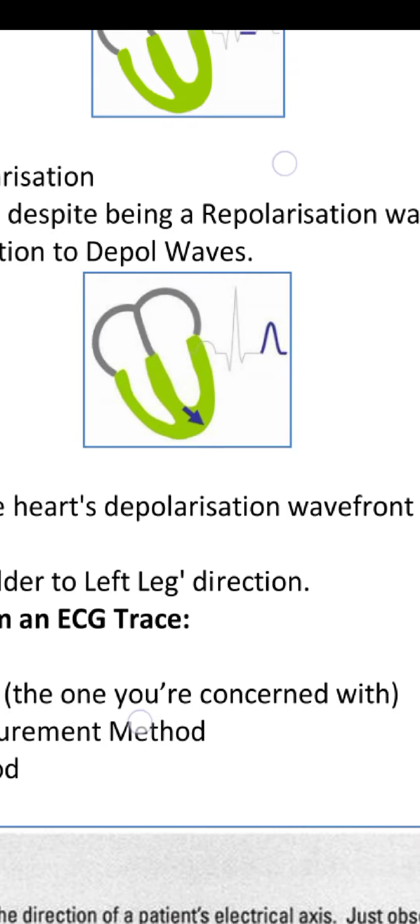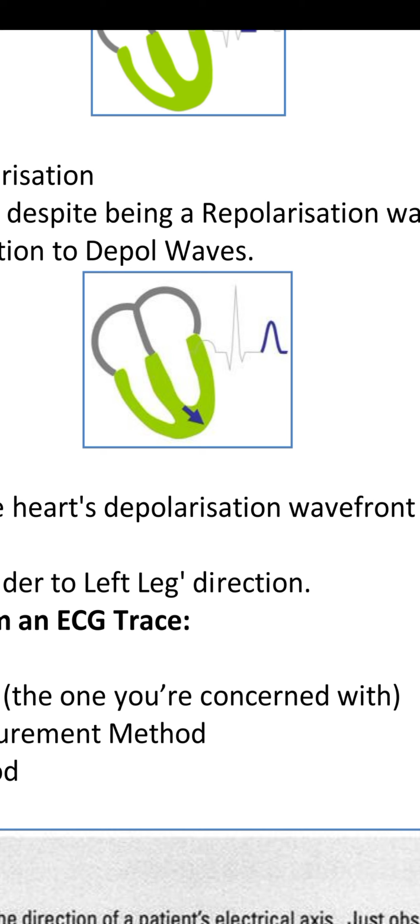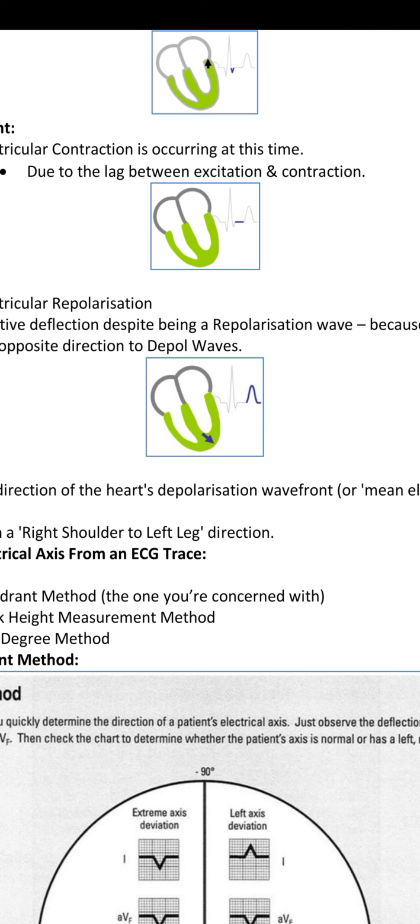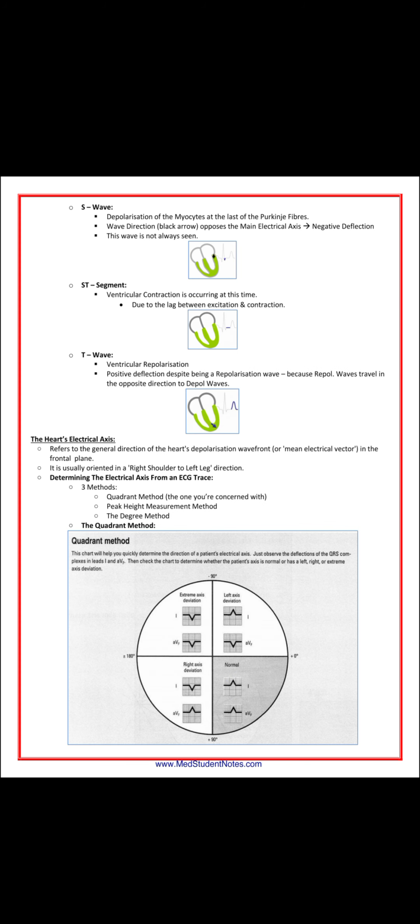You can see in the image that ventricular contraction is occurring and ventricular repolarization is occurring. So that's it, the end of the ECG.